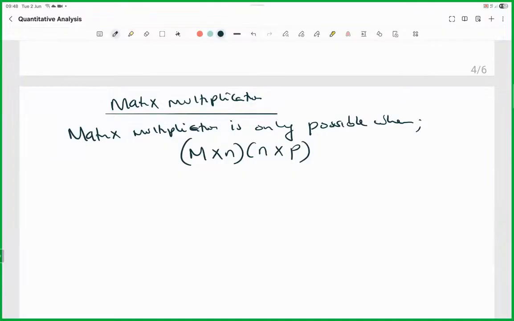When multiplying two matrices, the inner numbers, this n, must be the same for the two matrices to be compatible.